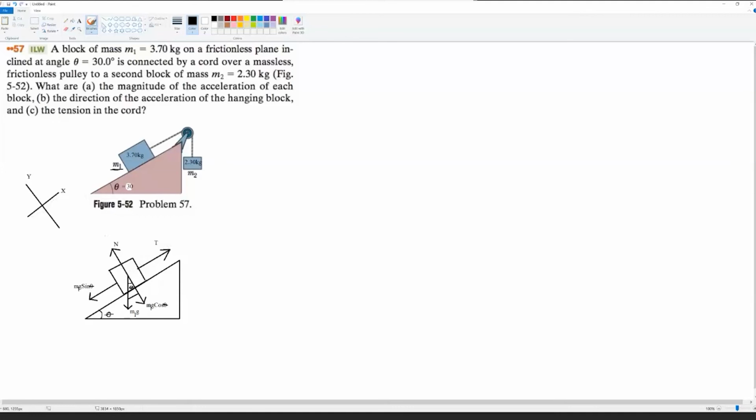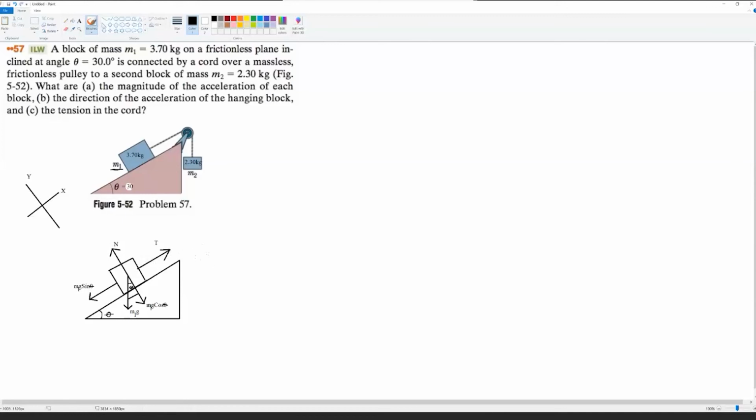In the Y direction, we don't really care what's going on. You have a normal force, mg cos theta. They are equivalent to each other. If we set up an equation for that, it would simply be 0, because these things are going to be the same thing. So for the X equation, we want to figure out what the forces are in the X direction, right? So this thing's going to be moving upwards in a positive Y and a positive X direction.